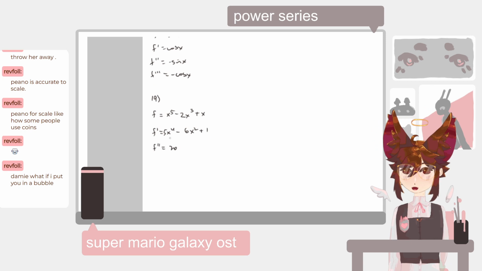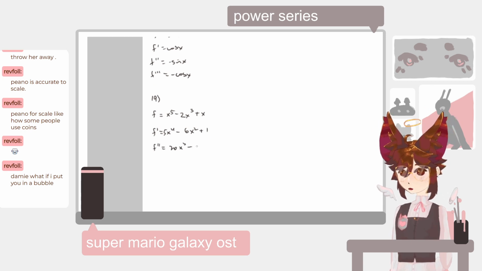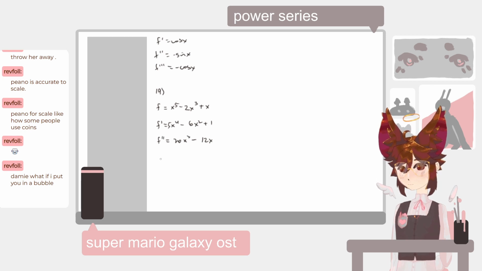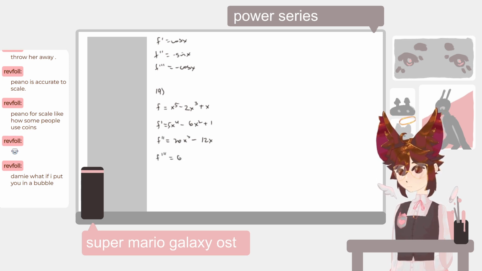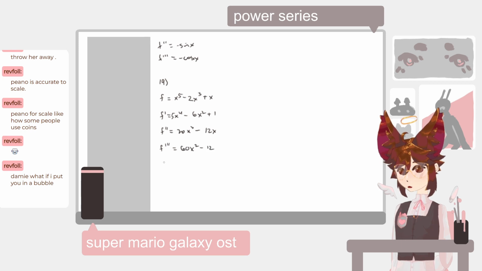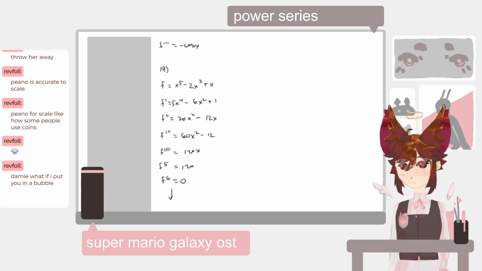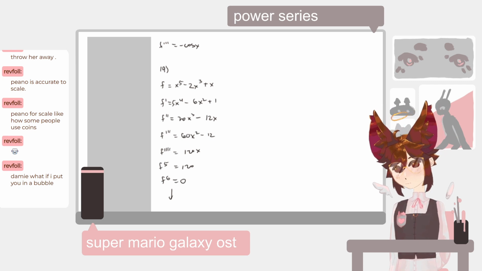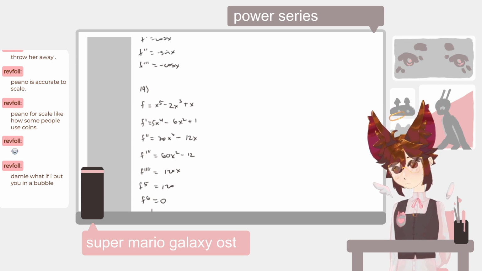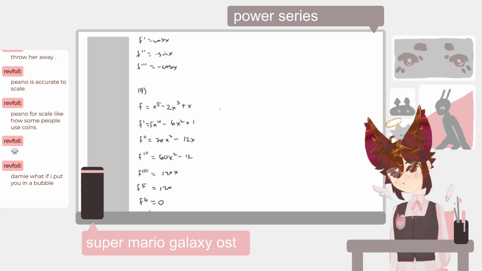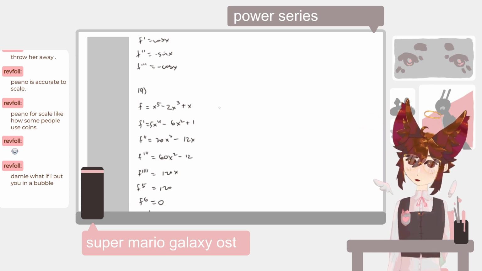Oh, I can't. 12x equals 60x squared minus 12 equals 120x minus f equals 0. And we have to do it at what? a equals 2? Oh, I have to plug this in.